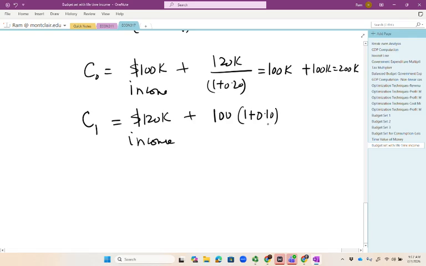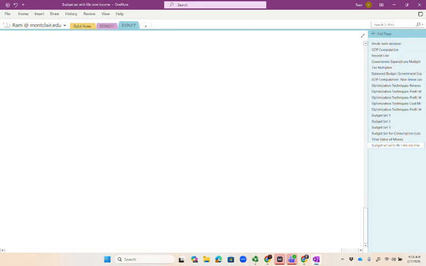You remember the interest rate on savings is 10%. That gives me 120k as the first term. The second term is 100 times 1.10, which turns out to be 110k, which leads us to 230k as the maximum amount the consumer can afford when retired. So now we are ready to draw the budget set.